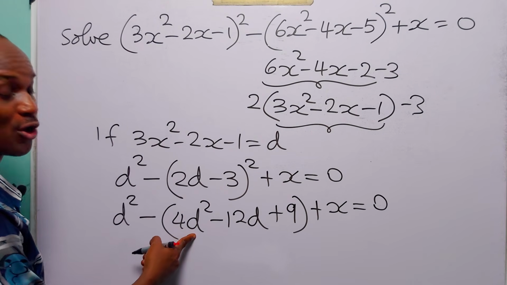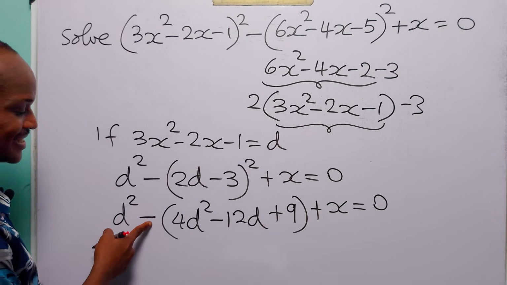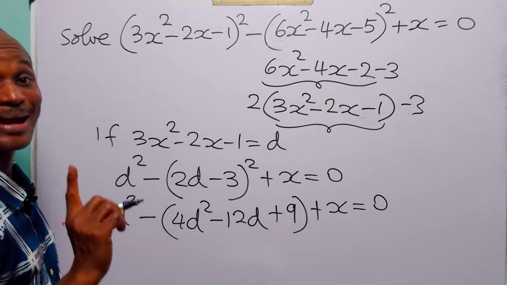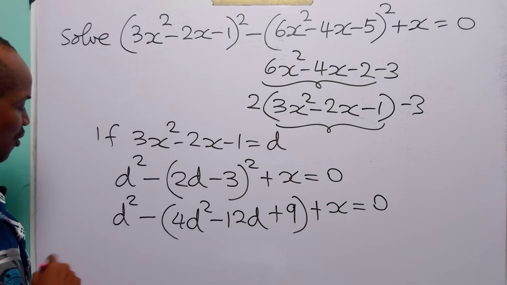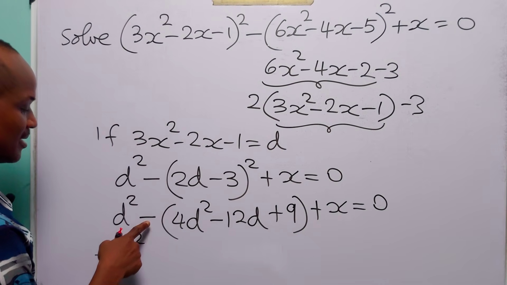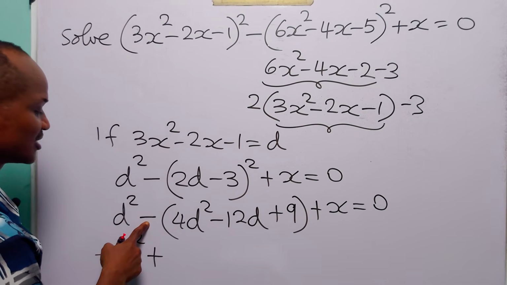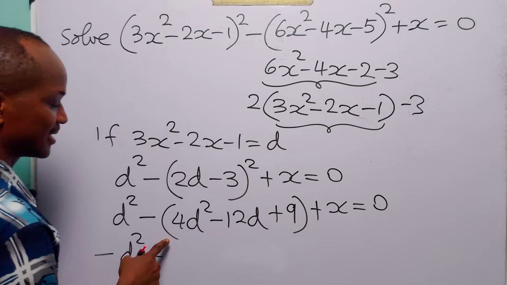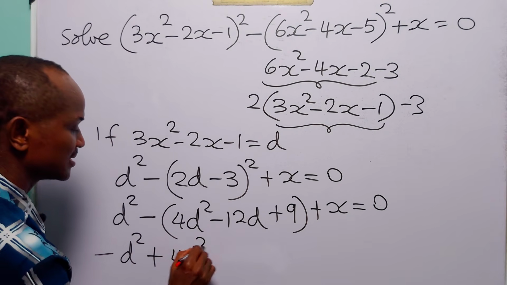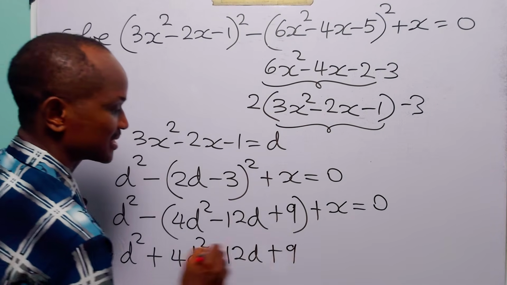Now, since this value of d squared is greater than this value and there's a negative sign here, let us multiply through this equation by minus 1. When we do that, we have minus d squared. Now, this is going to change to plus. And of course, when it changes, we no longer need these brackets. So we have 4d squared minus 12d plus 9.